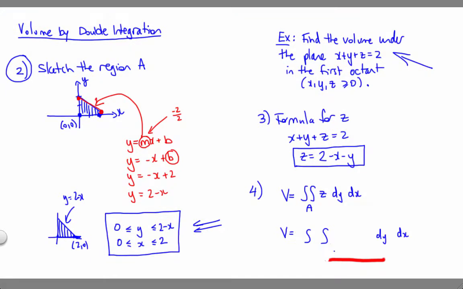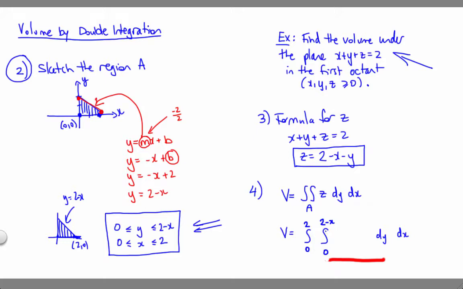So we said that y is going to range from 0 to 2 minus x. And notice those limits are going on the integral associated with y. And then the outside integral is associated with the dx, or the x variable. So the limits on that integral are going to be 0 to 2. There we go. So we've correctly labeled our double integrals.